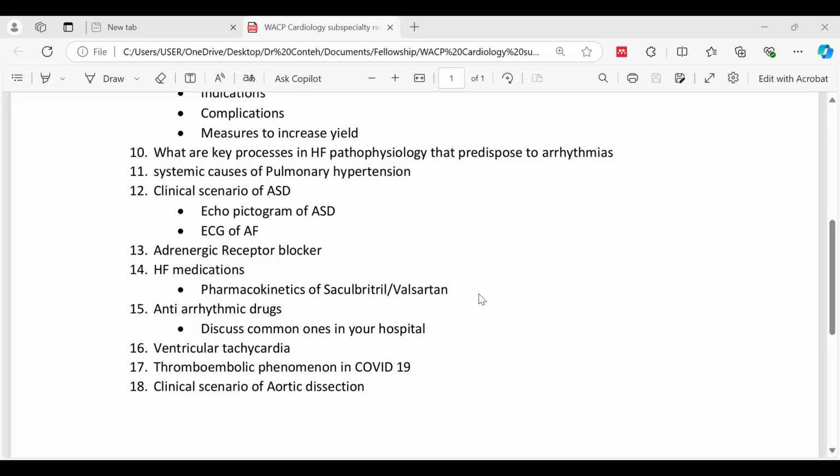So blocking alpha receptors will mean we are blocking these effects. Alpha 1 blockade will lead to inhibition of vasoconstriction. So it will cause vasodilatation in both arteries and veins, thereby leading to decrease in peripheral vascular resistance, decrease in blood pressure, and venodilatation.